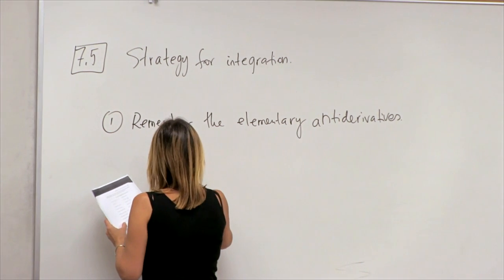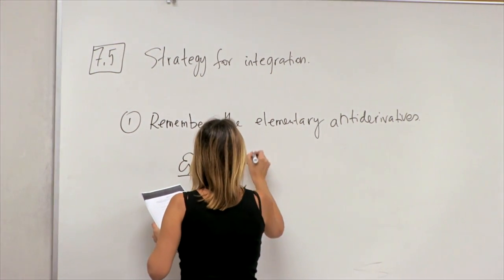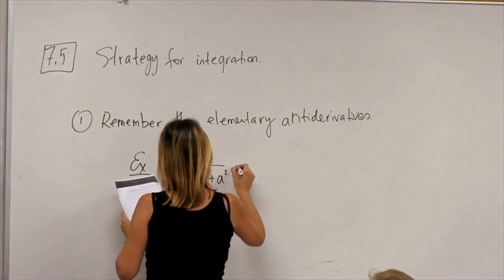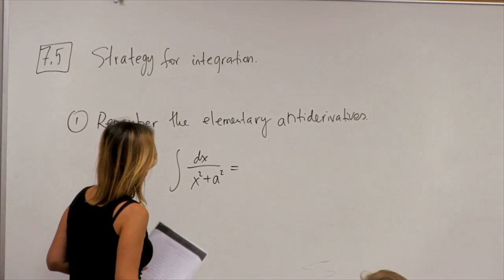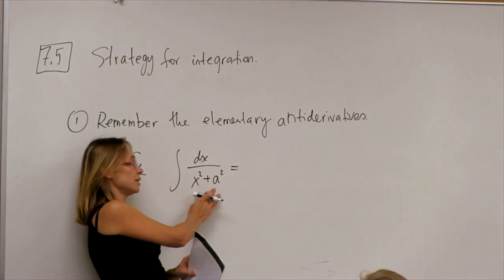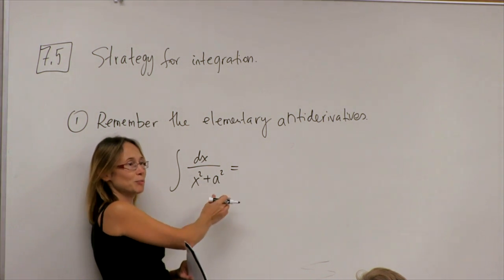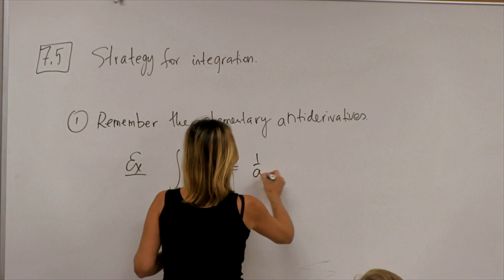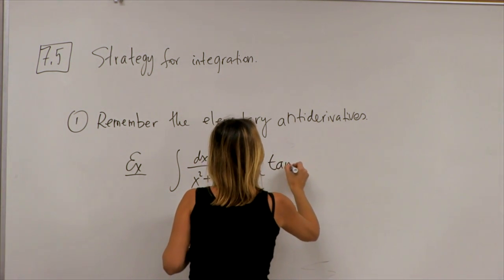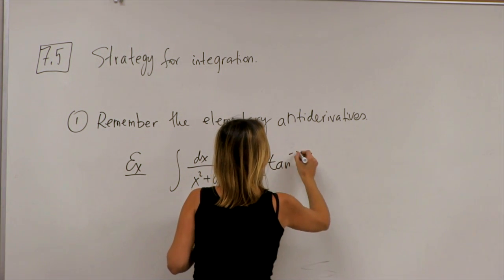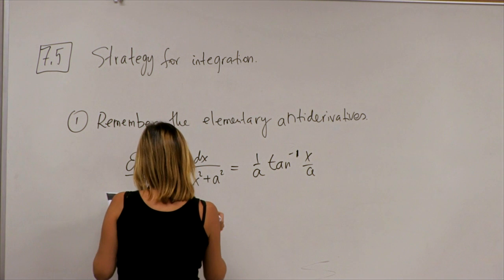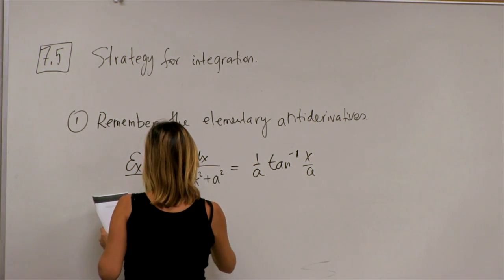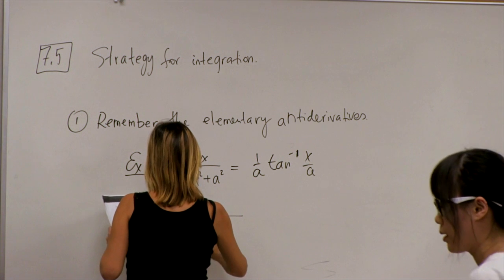For example, do you all remember this one? You may remember the one that has a 1 here, but it makes sense to memorize this one. This is 1 over a, arctangent of x over a. And another, similar one, dx.